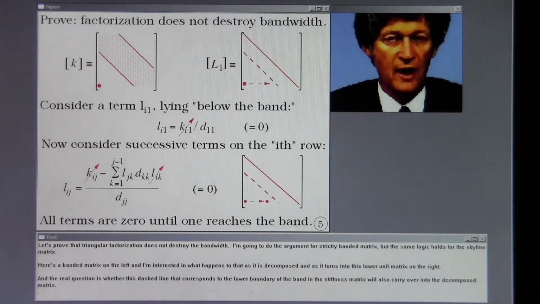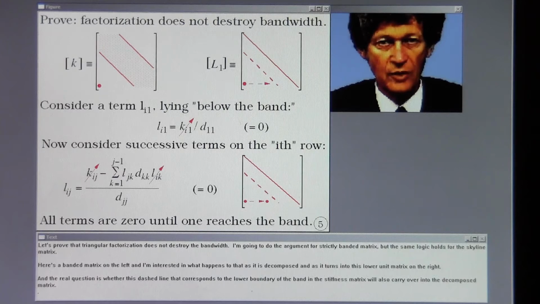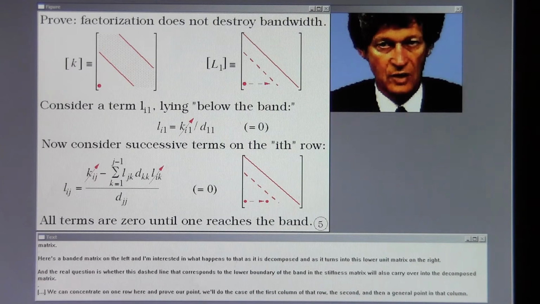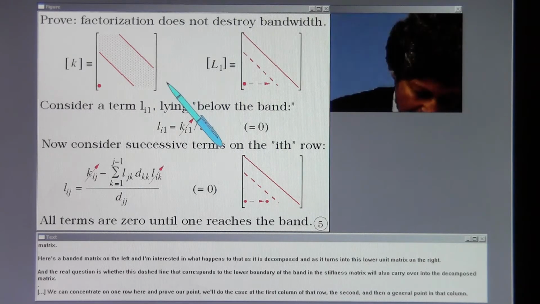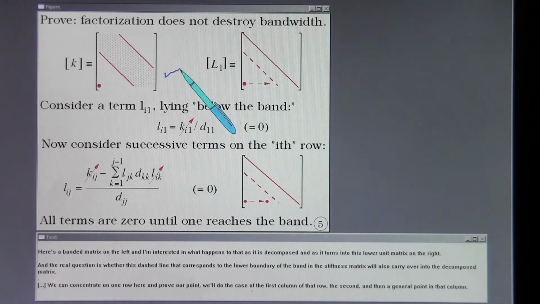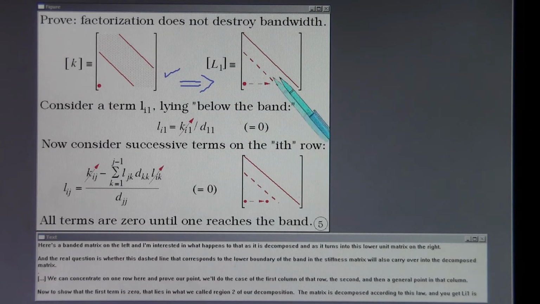Let's prove that triangular factorization does not destroy the bandwidth. I'm going to do the argument for a strictly banded matrix, but the same logic holds for the skyline matrix. Here's a banded matrix on the left, and I'm interested in what happens to that as it is decomposed and as it turns into this lower unit matrix on the right.